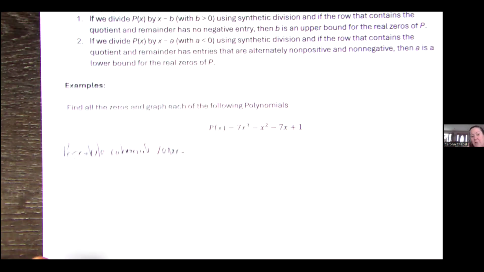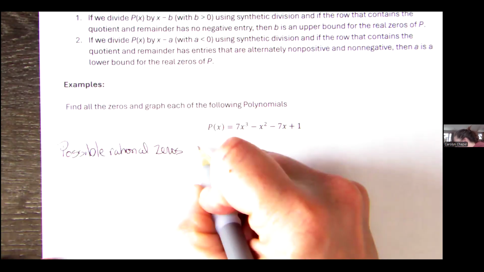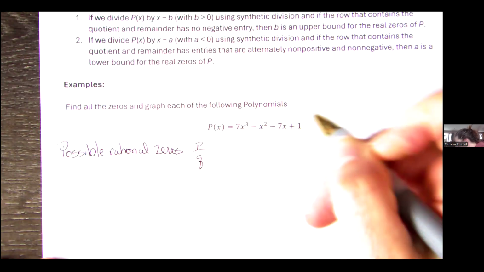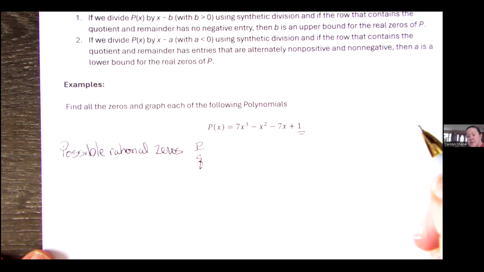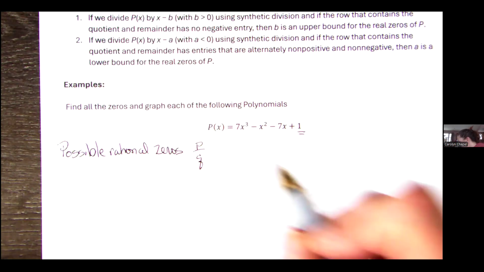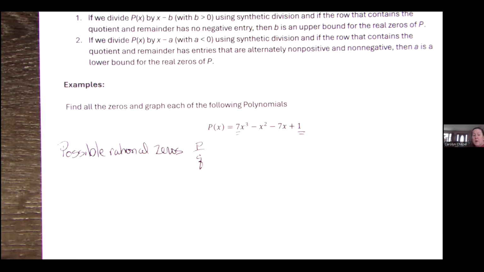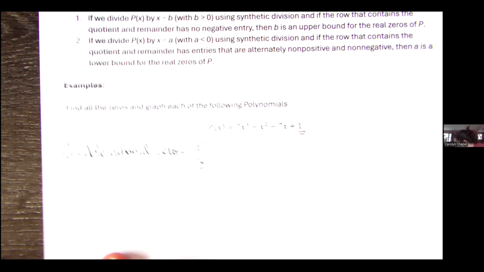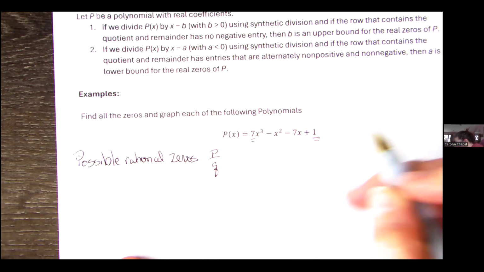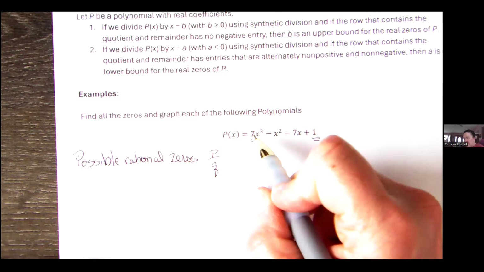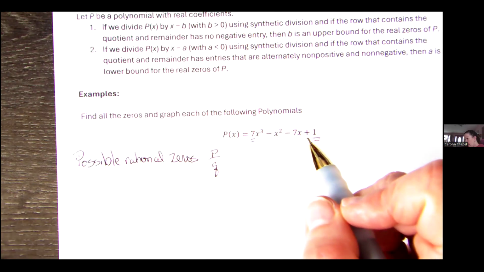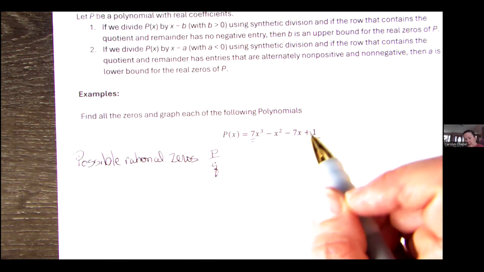If you can remember from the notes, they are of the form P over Q, where P is going to be a factor of our constant term, and Q is a factor of our leading coefficient. So the factors of 1, first of all, are only 1 and -1, and the factors of 7 are 1, -1, 7, and -7.